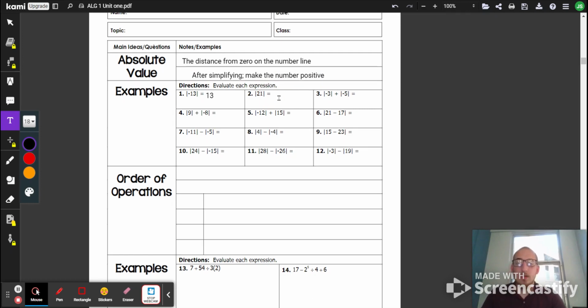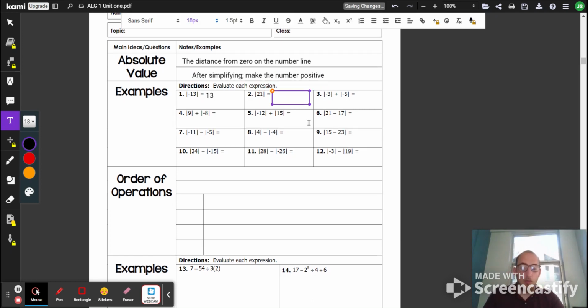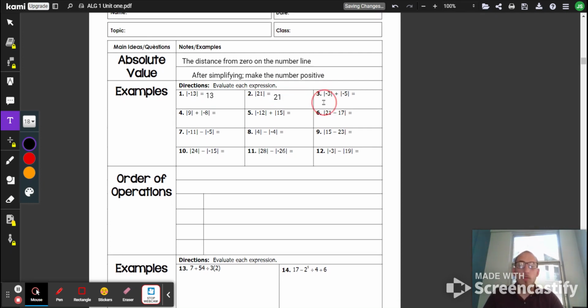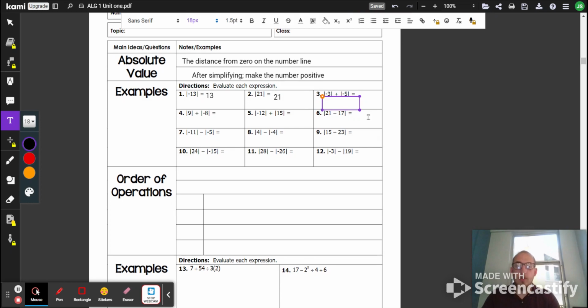So like this, 21 is already simplified. What's the absolute value of 21? It's 21. The absolute value of negative 3 is 3. Then we add that to the absolute value of negative 5, which is 5.